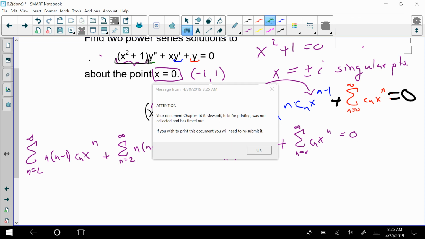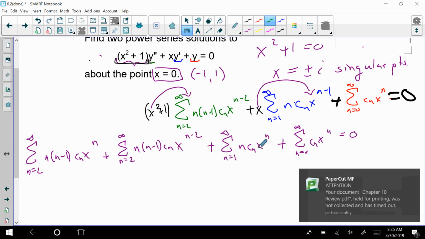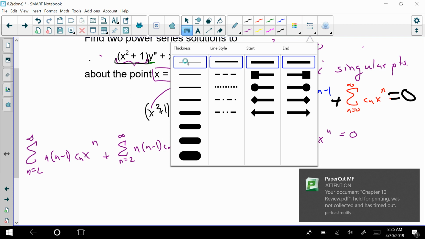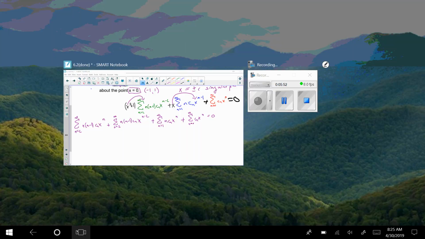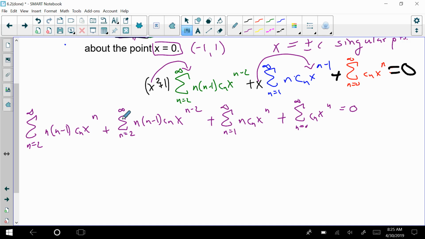So what we did before, when we were doing this, was we ended up trying to get all of my x to the powers to match. And right now, when you look at it, they're all pretty close.